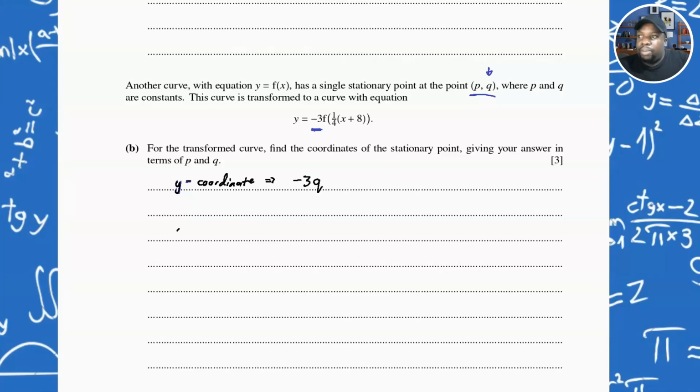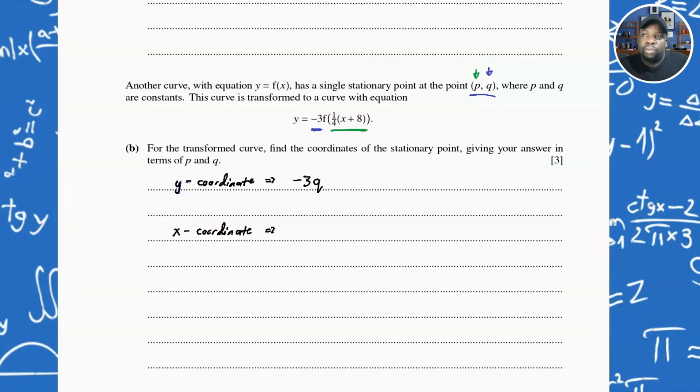Next up, let's talk about the x coordinate. For the x coordinate, what's affecting the x coordinate is the stuff we have inside the bracket under f. So a quarter is a stretch by a factor of a quarter, but the x coordinate will be transformed in such a way.